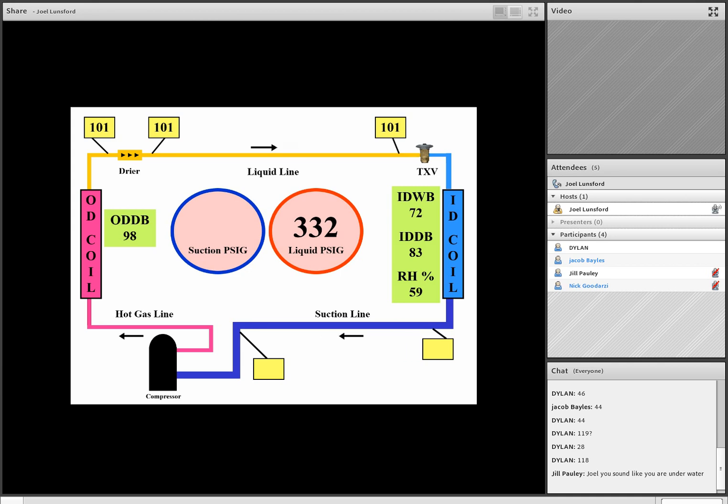How about now? Okay. So at 332 pounds of pressure, what's the pressure temperature conversion for 410A? It'll be 103. The difference will be 2. So it'll be starved because it's low. Excellent. So basically, anytime we have a low subcooling value, we've got a starved condenser coil.